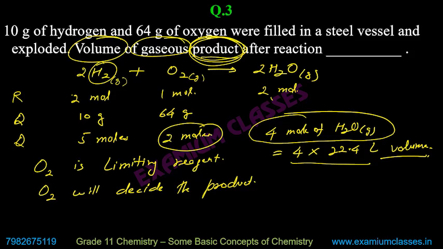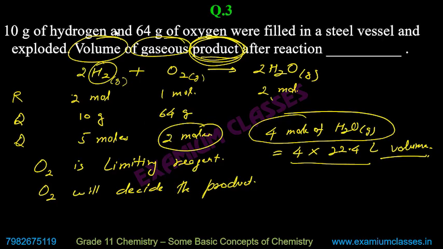The product is steam only in this case, not the hydrogen which is unreacted here. So only 4 moles of hydrogen will react, 1 mole will not react, but we will not consider that because that is a reactant, not the product. Is that clear? Hydrogen is not a product, it is a reactant.